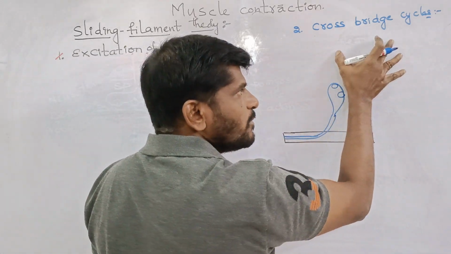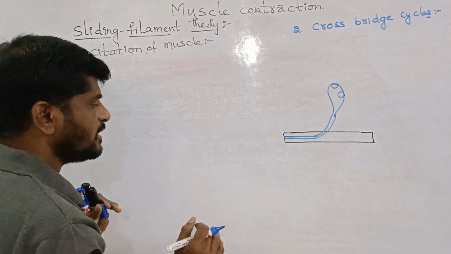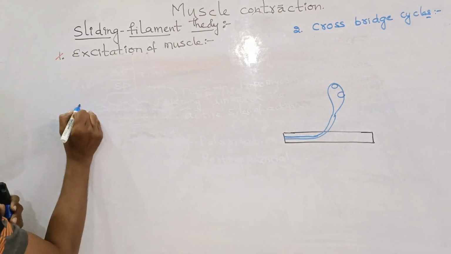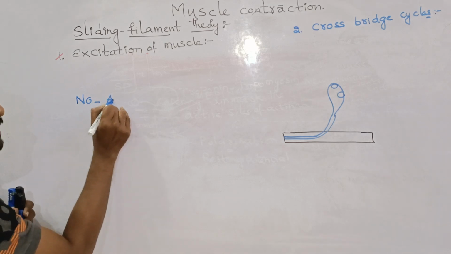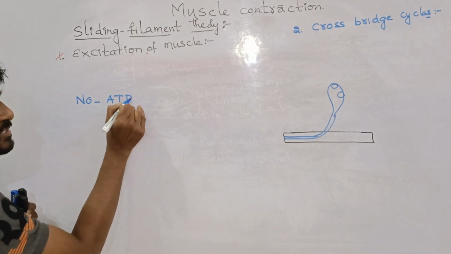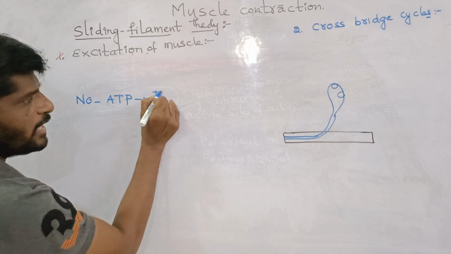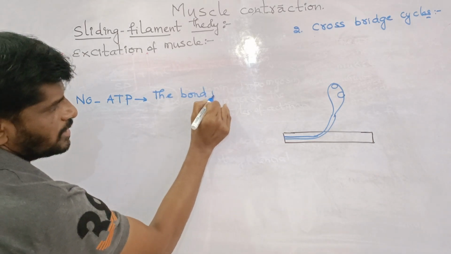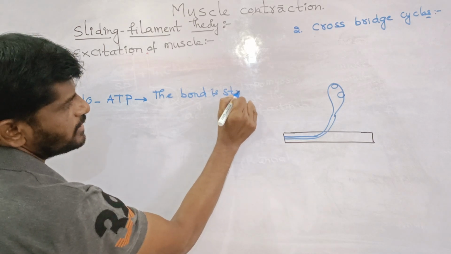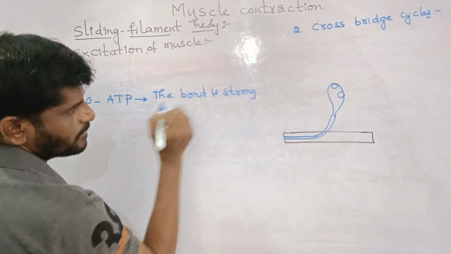Before I discuss the cross bridge cycle of the muscle contraction, I want to tell you one thing. When there is no ATP in the myosin head, the bond is strong between the actin and the myosin.